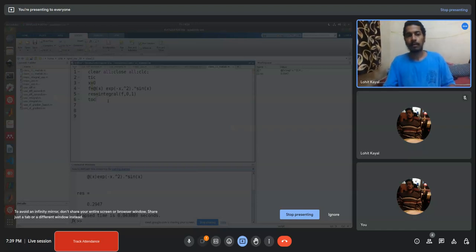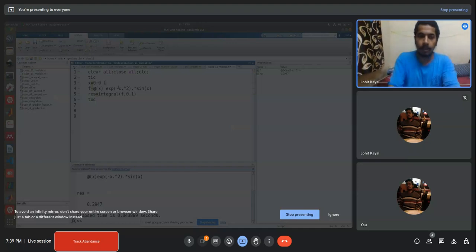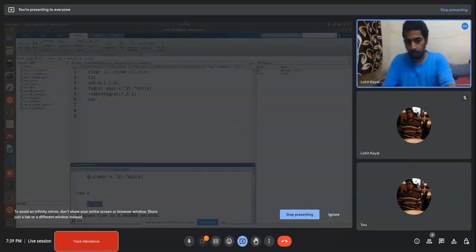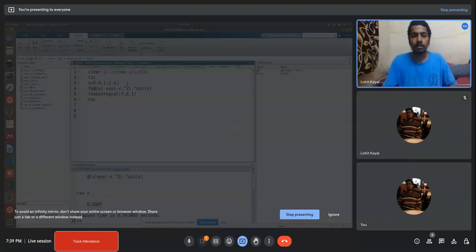Now for trapz, let me first define the limit as 0.1 to 1.0. Remember that the answer is 0.2947. Assume this is the correct answer because we do not have any analytical reference, but Matlab is giving this answer, so it will be correct. Now define your limit like this, and suppose this is your vector f: exp of minus x dot square, dot star sine of x.